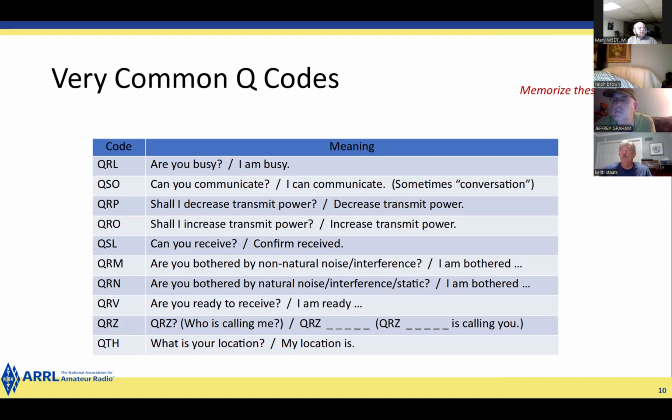QRM, we'll say somebody QRM'd me, meaning interference. QRN is natural noise, static, lightning strikes. I went QRT. I shut down. A QTH is your location.